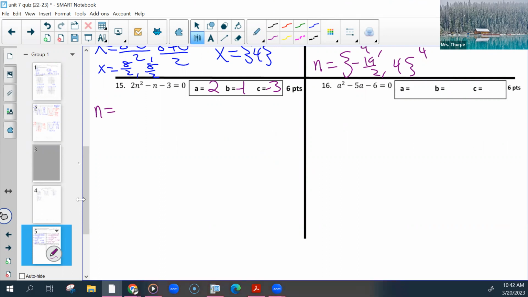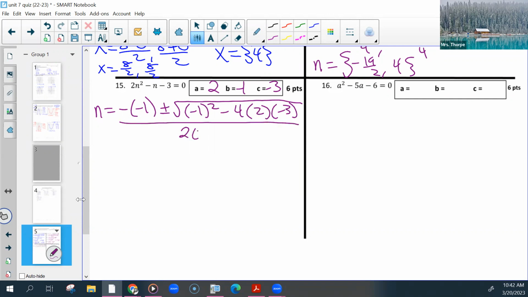And the setup for this would be n equals -1 plus or minus the square root of -1 squared minus 4 times 2 times -3, all over 2 times 2. And we'll finish that when we come back from lunch.